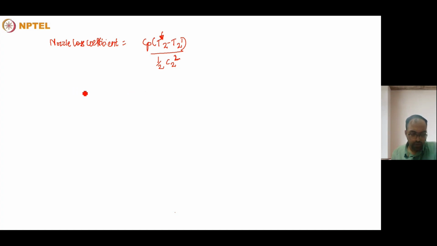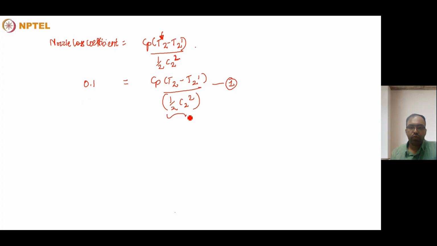Therefore, from this one, we can write 0.1 equal to Cp into T2 minus T2 dash divided by half into C2 squared, denoted by equation 1.